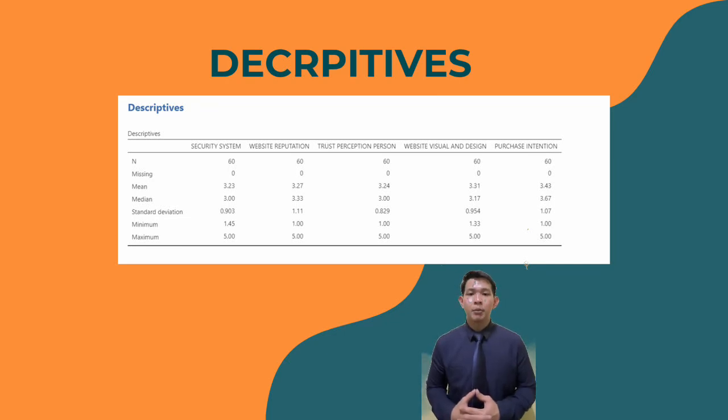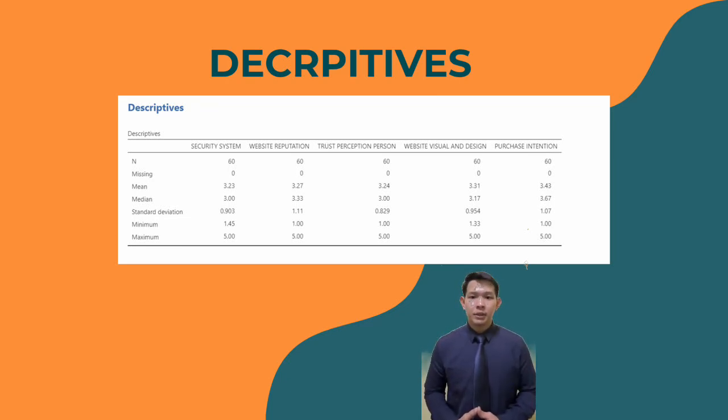Next, website reputation recorded a mean value of 3.27 with a standard deviation of 1.11. This showed that respondents had a moderately positive perception towards the reputation of the website, although the higher standard deviation suggests that their opinions were slightly varied.